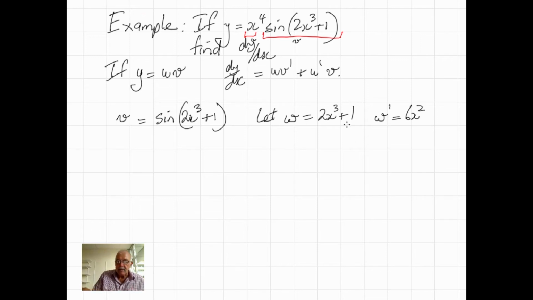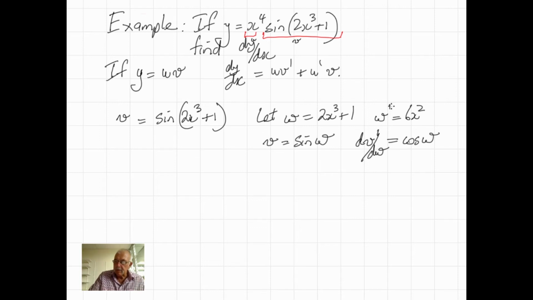And we'll let v equal sine of w, and so v', the derivative of sine, is cos. So we better write dv/dw. dv/dw is cos of w.